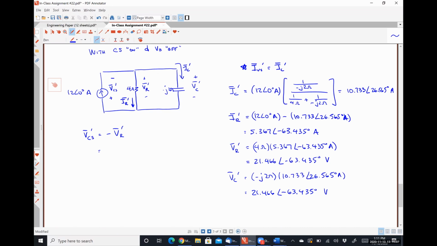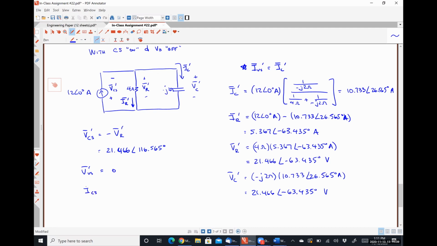So that's going to be 21.466 angle 116.565 degrees. The voltage source prime is 0 because we turned it off, so that has to be 0.